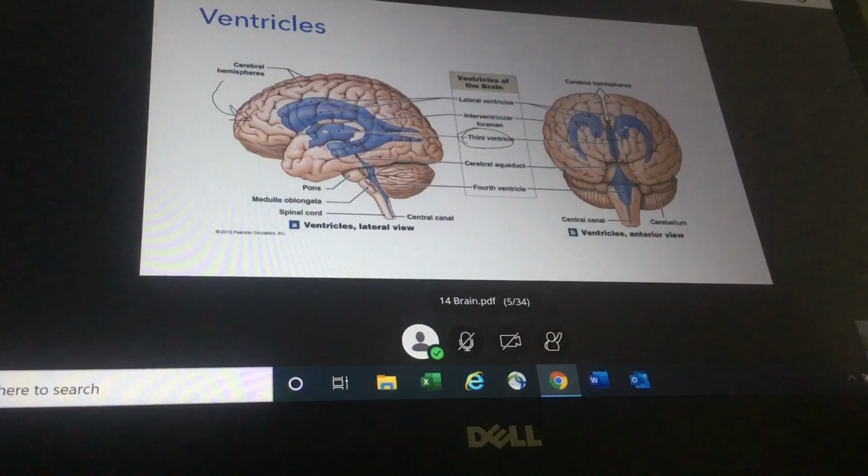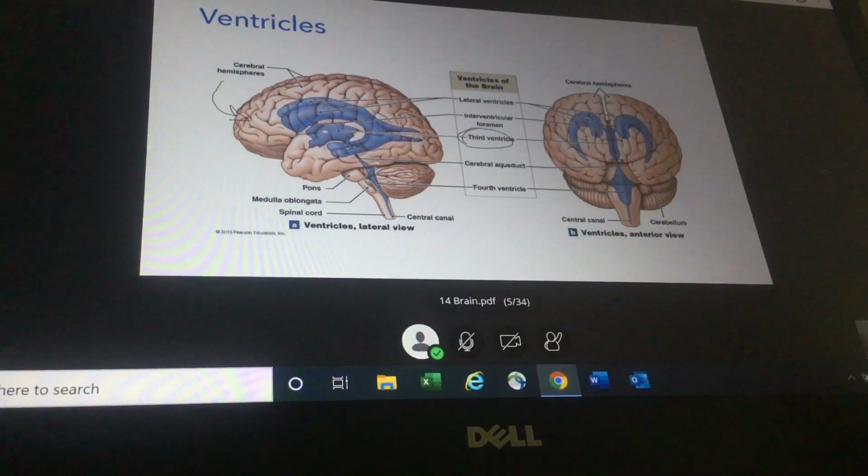And so fluid flows from them through these little openings into the third ventricle, and then from the third ventricle down into the fourth ventricle, which again looks kind of diamond shaped, but if you look at it from the side, it's super skinny. It's just kind of flat. It's more like a paper kite. It's flat and kind of diamond shaped.